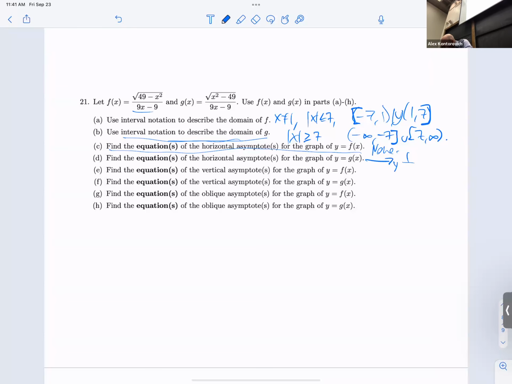So the equation is y equals 1/9. What about if x is huge negative? If x is huge negative, that square still makes it positive. So this is a positive number. This is a negative number. So my 2 horizontal asymptotes are a 9th and negative a 9th. X still can't equal 1, but this is asking about the limit as x goes to minus infinity and plus infinity, horizontal asymptotes of G.